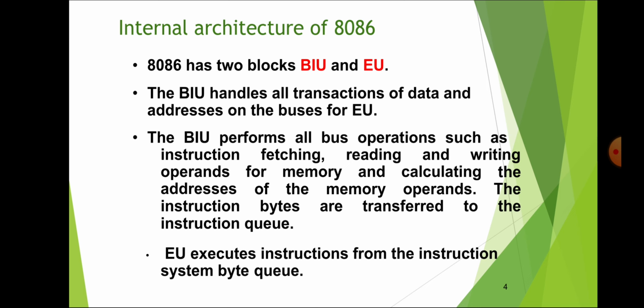The architecture of the 8086 is divided into two blocks, that is BIU and EU, which I will show you in the diagram. The BIU handles all transactions of data and addresses on the buses for the execution unit, and the BIU performs all bus operations such as instruction fetching, reading and writing operands for memory, and calculating the addresses of the memory operands.